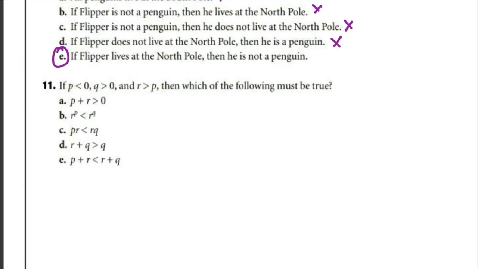If P is less than 0 and Q is greater than 0, this is negative, this is positive, and R is greater than P, then which of the following must be true? Okay, since P is less than 0 but Q is greater than 0, that means P is less than Q, right? Since P is less than Q, then P plus any value will be less than Q plus any value, whatever value that is.